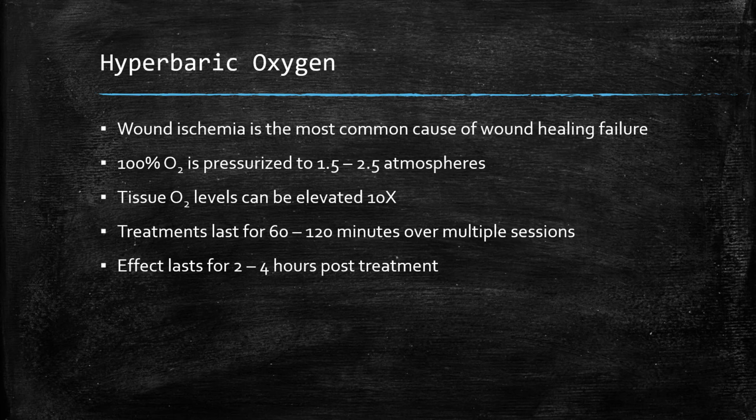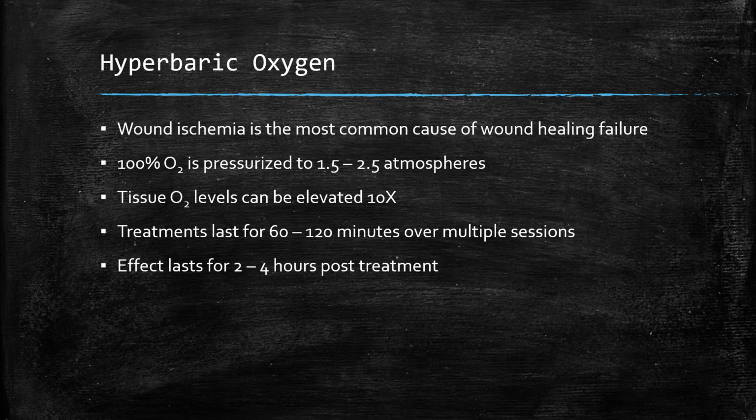Hyperbaric oxygen has found use in the management of certain types of chronic wounds. The physiologic basis for hyperbaric oxygen is that wound ischemia is the most common cause of wound healing failure. Inside the hyperbaric chamber, 100% oxygen is pressurized to 1.5 to 2.5 atmospheres.